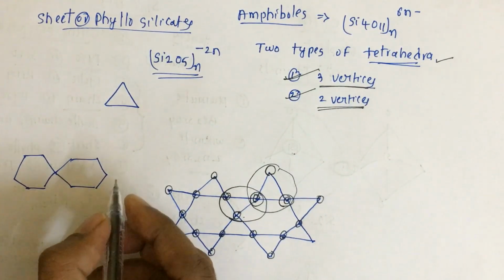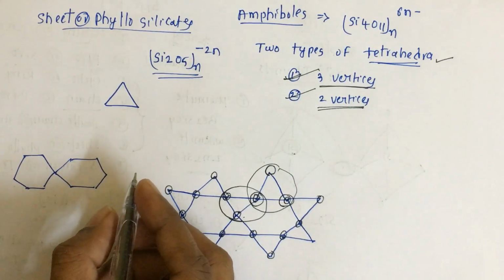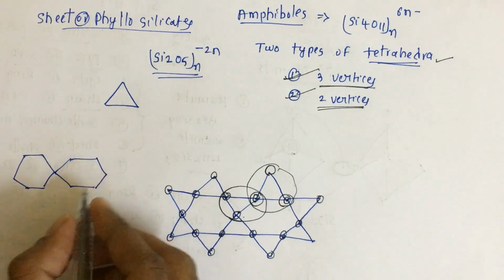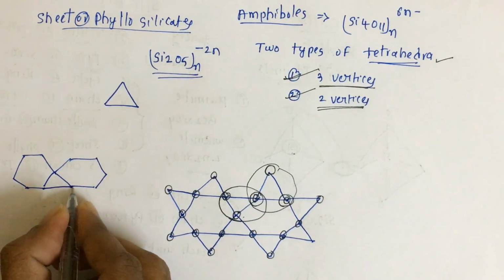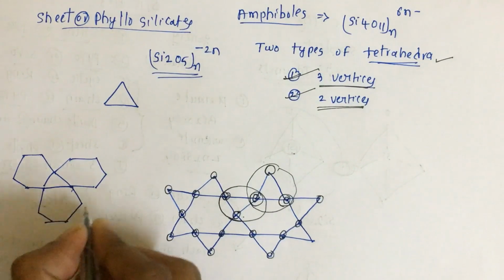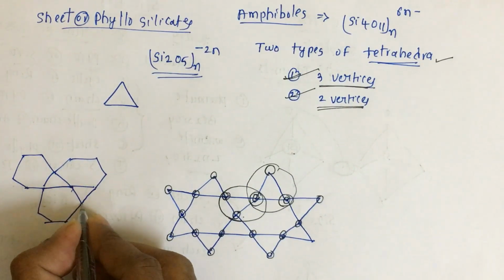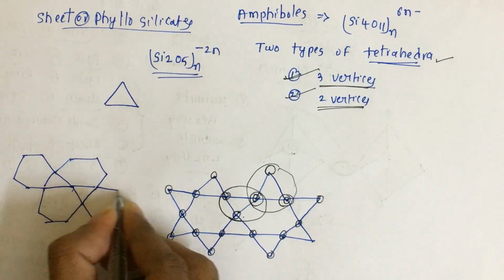These cyclohexane rings are connected like this, and here one vertex will come, and then this way.